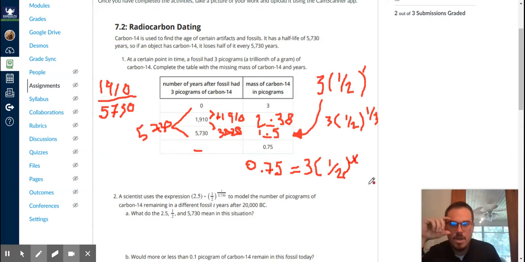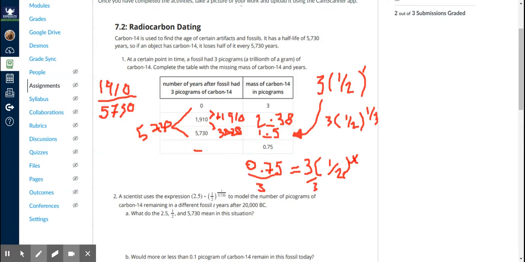So 0.75 equals 3 times 1/2 to the power of x. Divide both sides by 3. What's 0.75 divided by 3? Looks like a fourth, or 0.25.